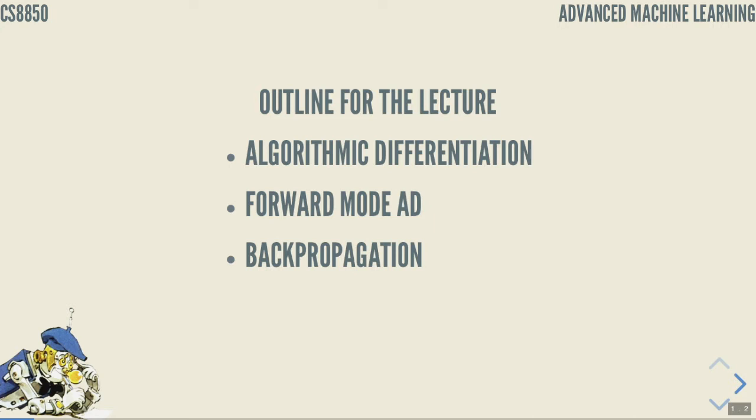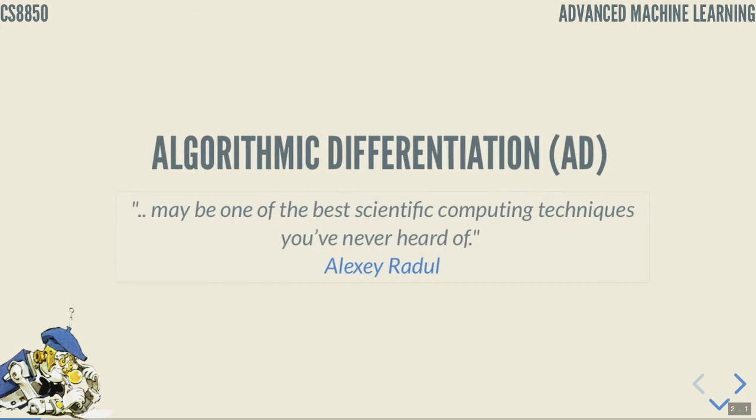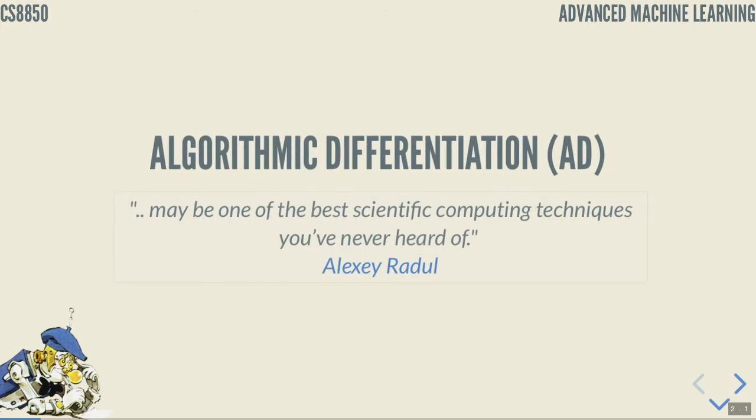Recall a little bit of backpropagation, and then talk about reverse mode AD as well. So let's start. Algorithmic differentiation, as Alexei Radul put it, may be one of the best scientific computing techniques you've never heard of.